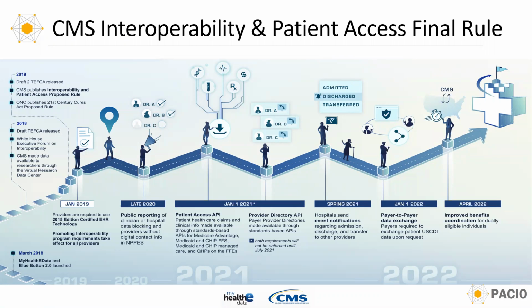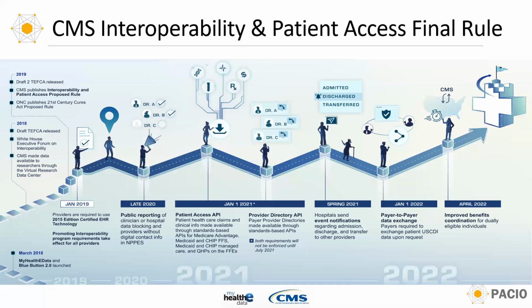A provider directory API, in which CMS regulated payers are required to make provider directory information publicly available via FHIR API to encourage innovation by allowing third-party application developers to access information so they can create services that help patients find providers for care and treatment, as well as help clinicians find other providers for care coordination in the most user-friendly way possible.